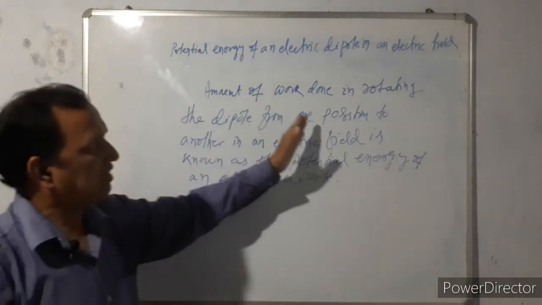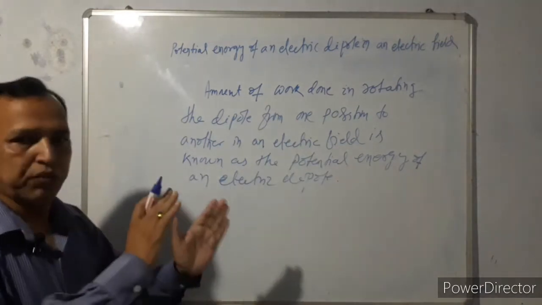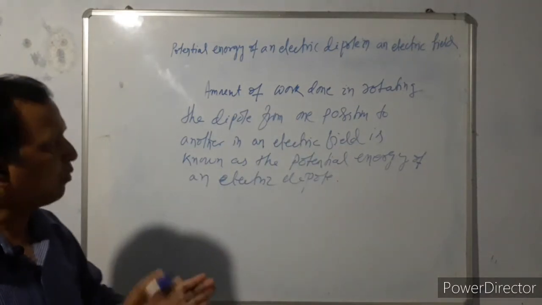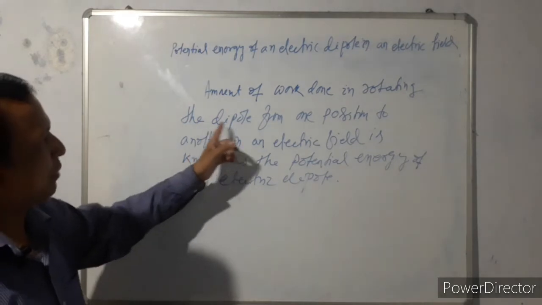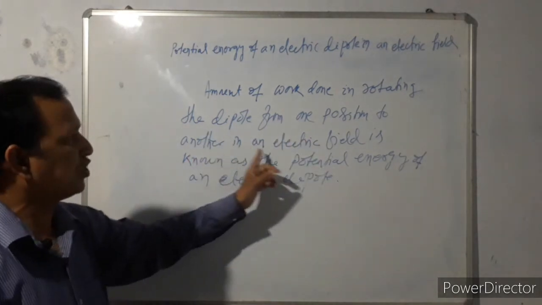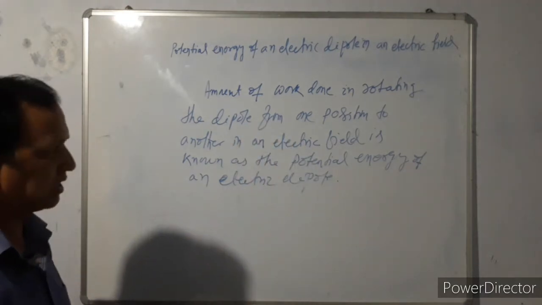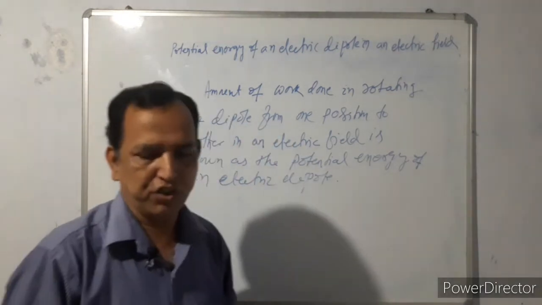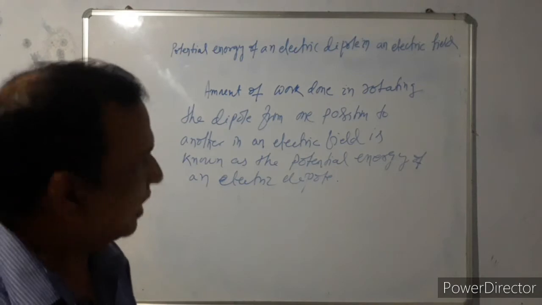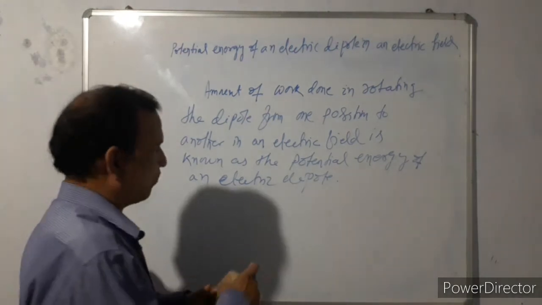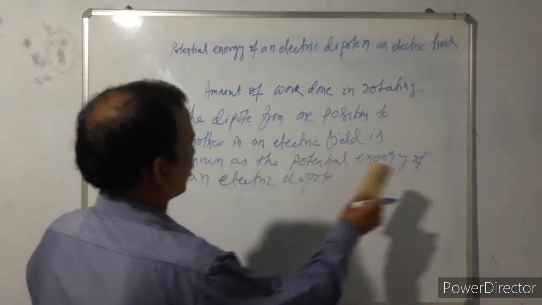The amount of work done in rotating, turning the dipole from one position to another in an electric field is known as the potential energy. Then what is the expression for that?